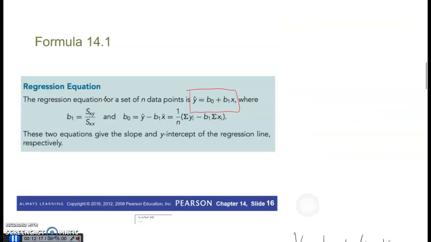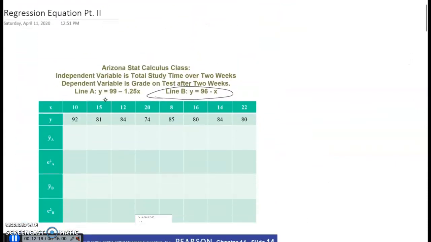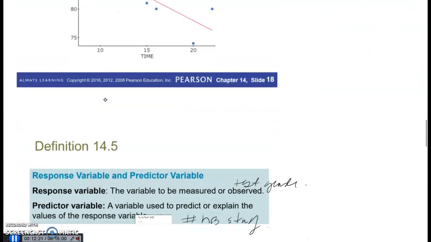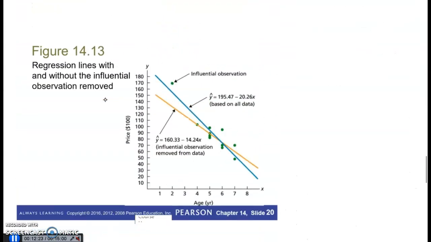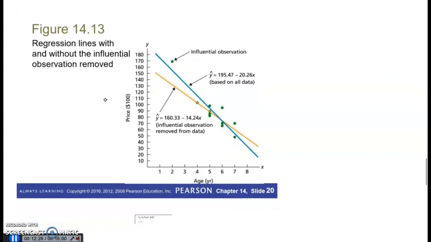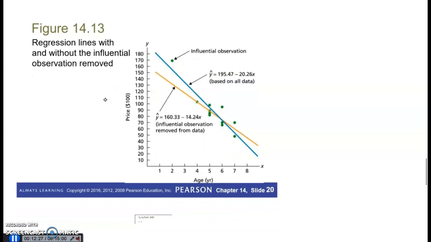Let me go back to the beginning for a second. Nope, I don't have it on here. This set of data represents the age of a car and the cost of that car. And as you can see, we have two different regression lines. So the blue line represents using all of the data involved.